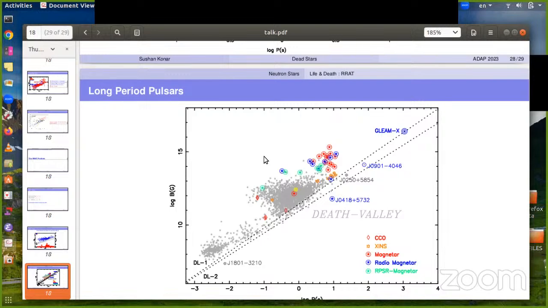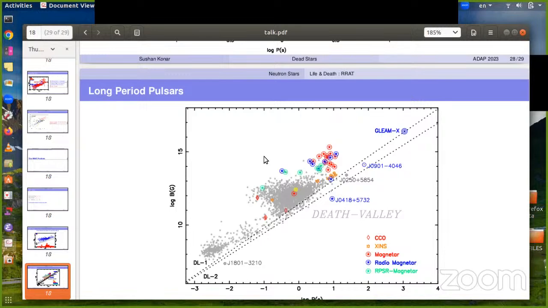Then you have 100 RRATs with known spin period and a possible value for the magnetic field, and another 100 RRATs for which we only know the spin period.